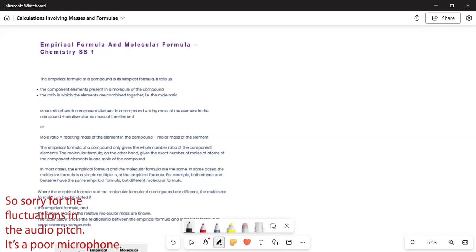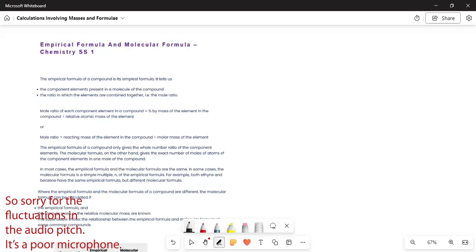The empirical formula of a compound only gives the whole number ratio of the component elements, while the molecular formula, on the other hand, gives the exact number of moles of atoms present in the compound. Now, in most cases, the empirical formula and the molecular formula are the same, while in some other cases, the molecular formula is a simple multiple of the empirical formula.